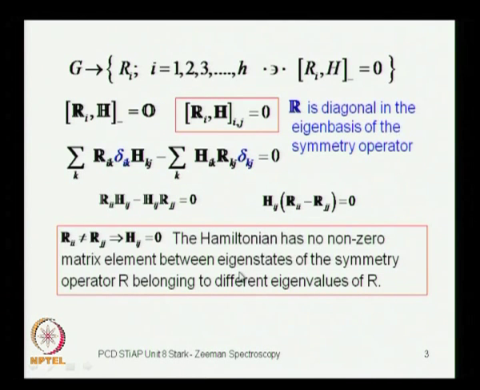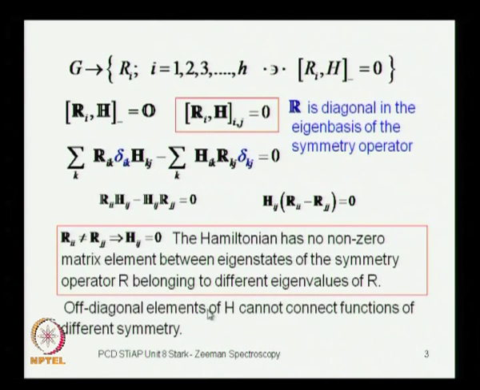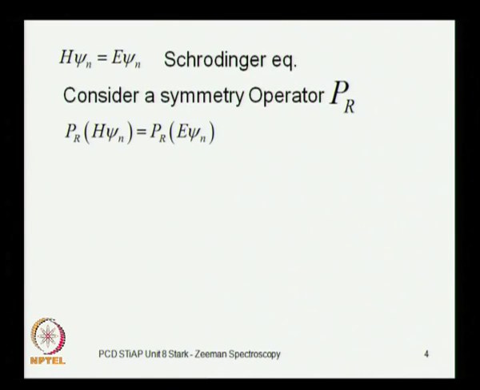So that is the comfort we get, that you do not have any off diagonal elements which connect functions of different symmetry, and this provides tremendous advantage in getting the quantum mechanical eigenstates of a system. And this is a feature that we will exploit when we look at the Stark effect, because this is related to the question of degeneracy.